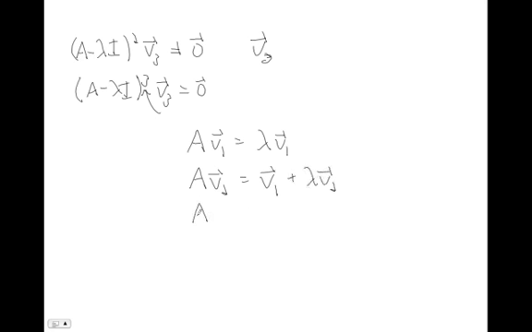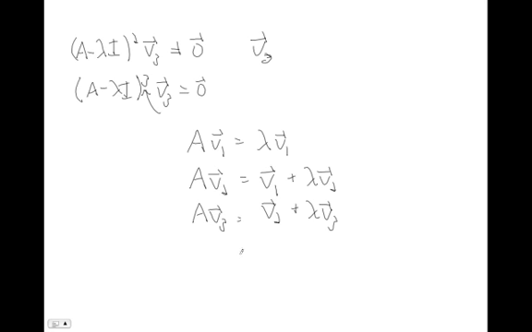And when I take A times V3, that's equal to V2 plus lambda V3. So it's like A V2 equals lambda V2 plus the vector before it. It's almost like they all reference back: the generalized eigenvector equation for V3 references back to equation 2, and only the generalized eigenvector V1 doesn't have to reference back to anything.